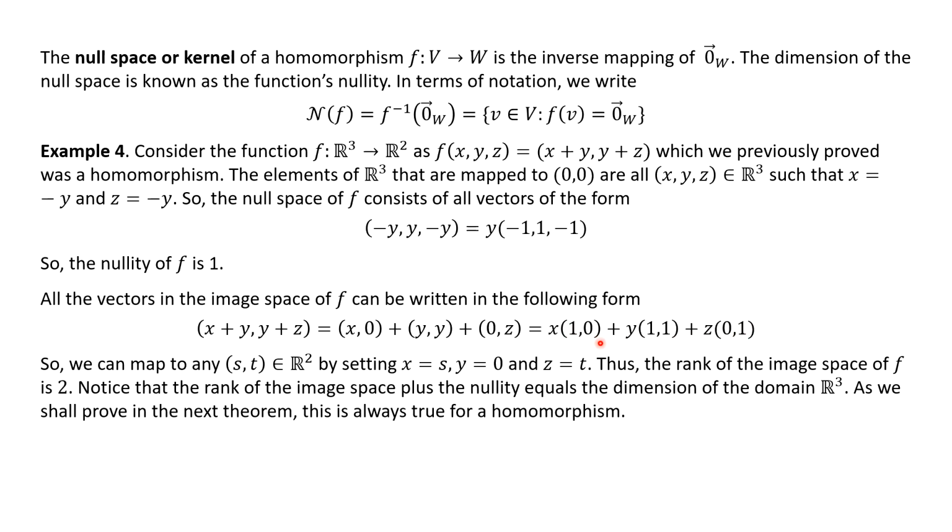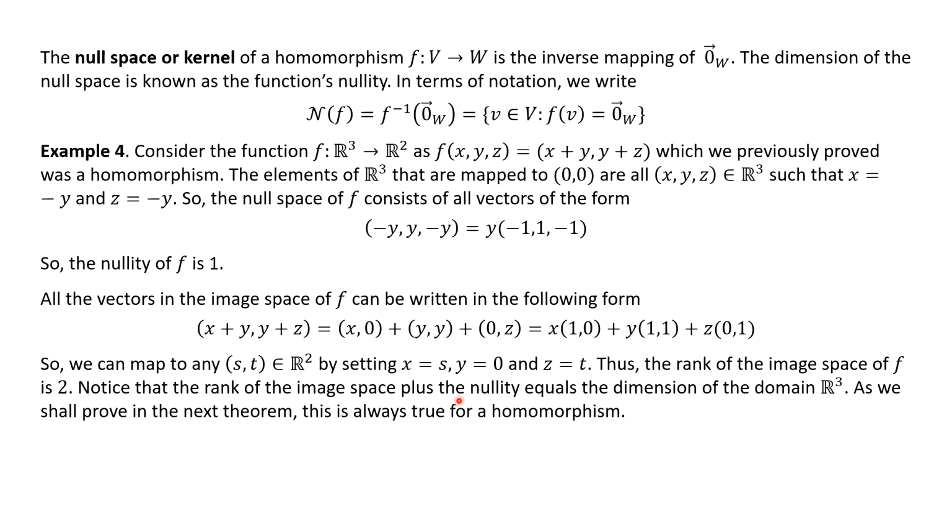So it's of dimension 2. I give a slightly different argument down here, but basically the image space is of dimension 2. And thus the rank of F is 2, as I said. Notice that the rank of the image space plus the nullity equals the dimension of the domain, which is 3. And as we'll see in the next theorem, that's always true.